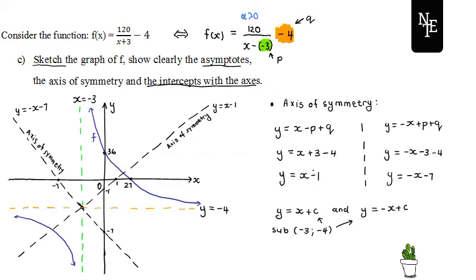And you will get that one c value is minus 1 and the other c value is minus 7. So that's another method that you can use in order to find the equations of your axes of symmetry.